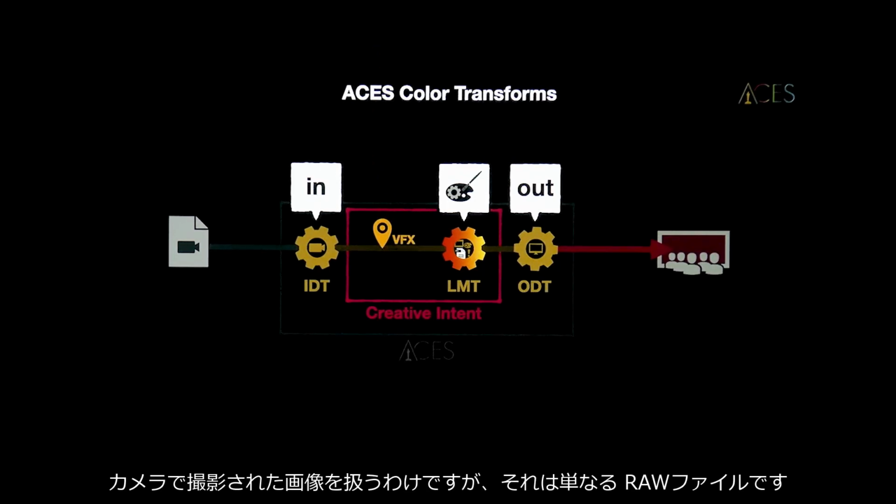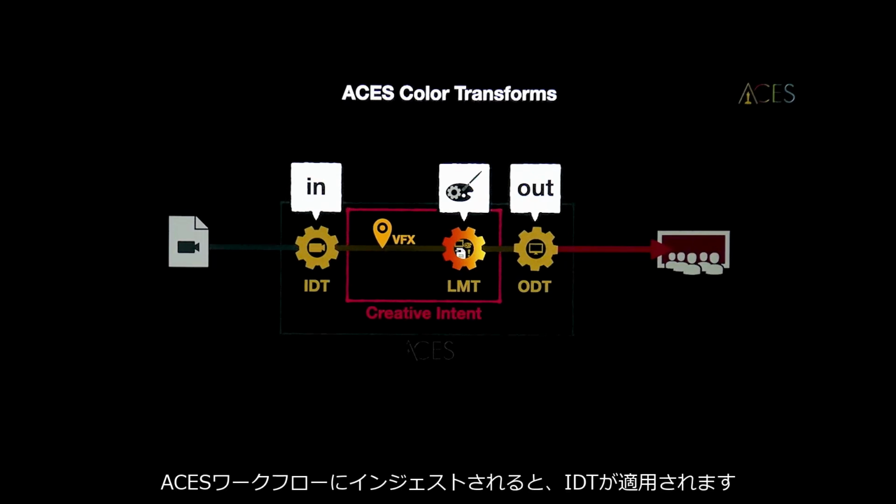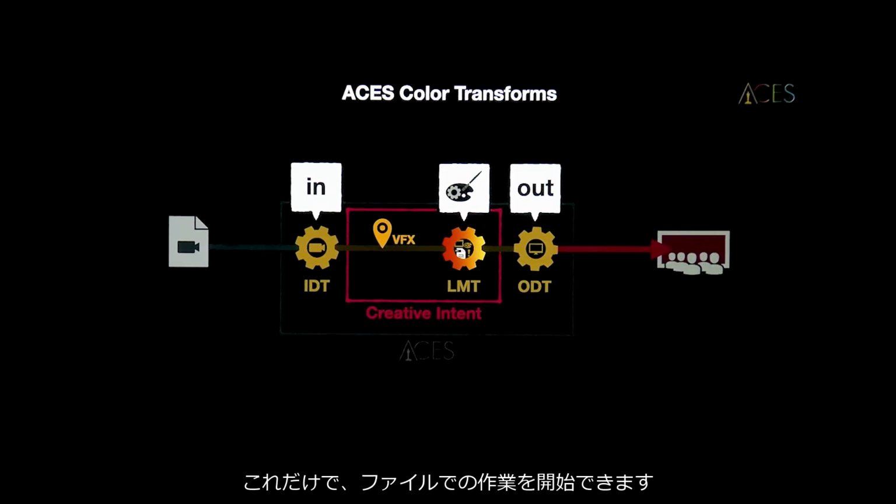So we are going to work with the images from the raw. That camera file is just the raw, so nothing applied to that. When it's ingested into the ACES workflow, we are going to apply what is called an IDT. And then just for that, we are going to start working with our files.